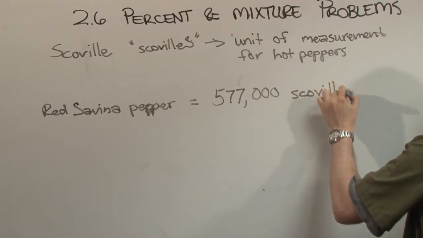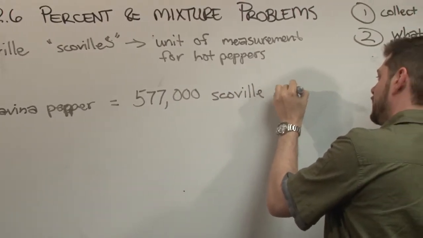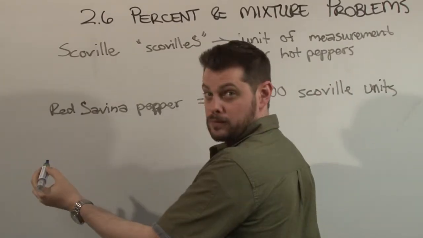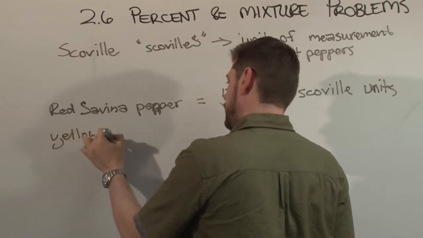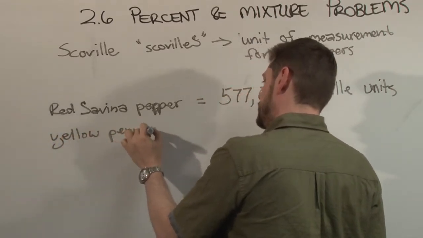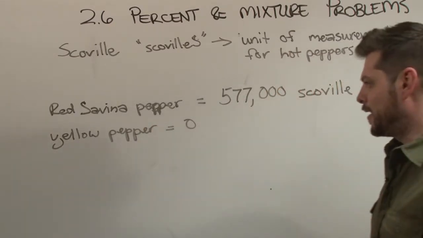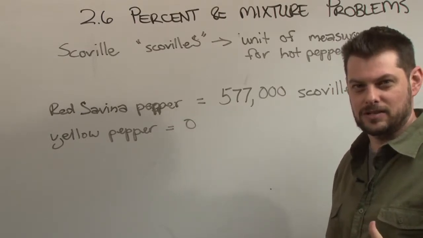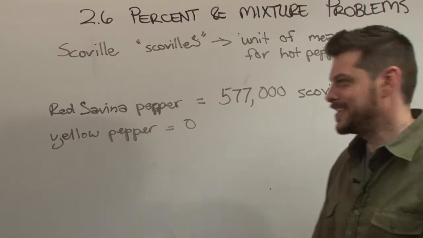Okay? Just to give you some context, a yellow pepper that you would buy at a grocery store has exactly 0 Scoville units, okay? I think a habanero is in the 85,000 range, okay? So we're dealing with hot pepper, okay?